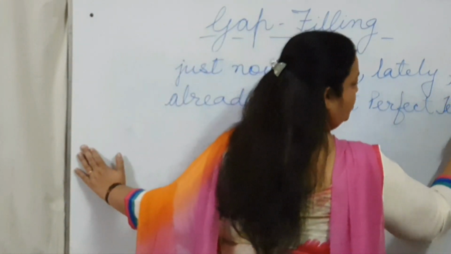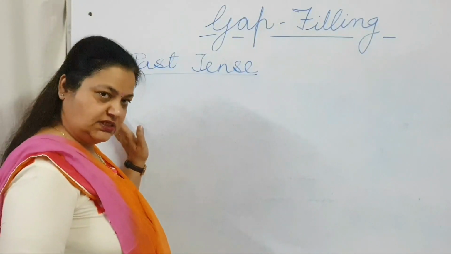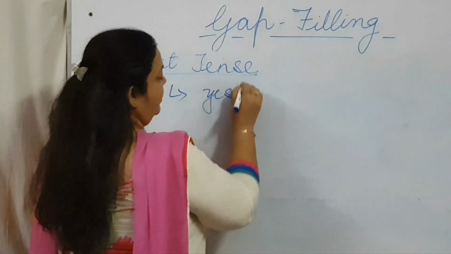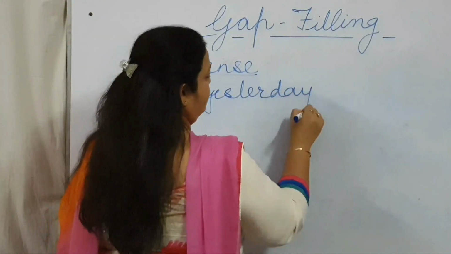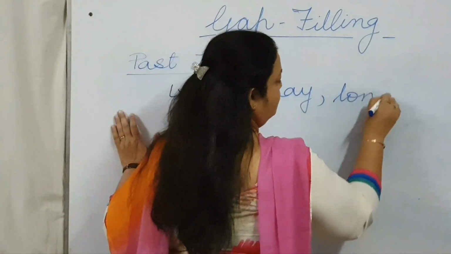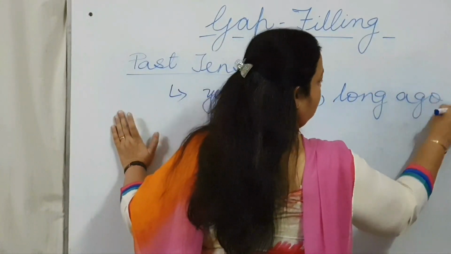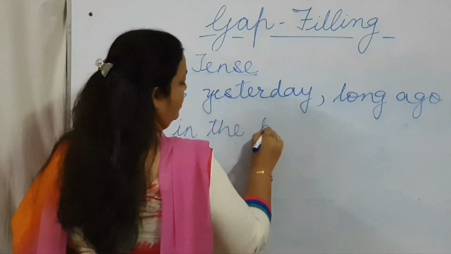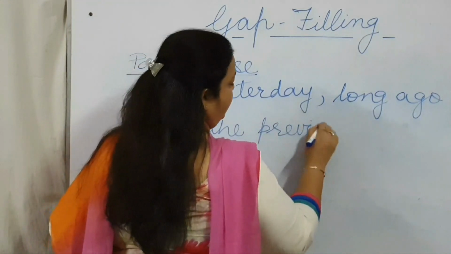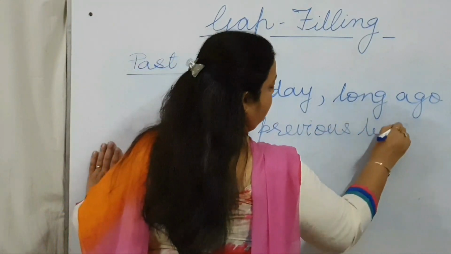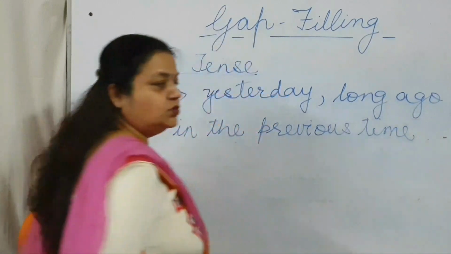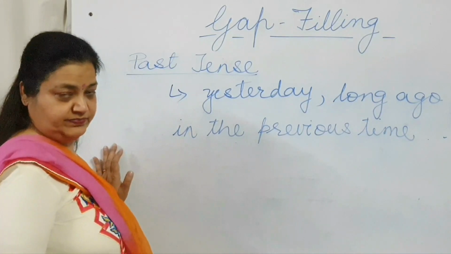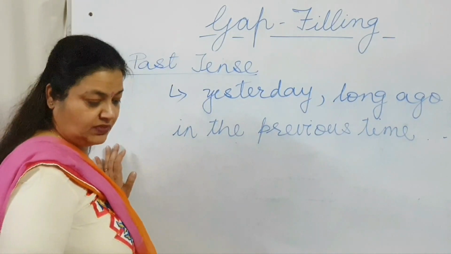Tense is used. Now let us come to past tense. For past tense, you know that if the words yesterday, long ago, in the previous time, and so on are given, then we use simple past tense, right?